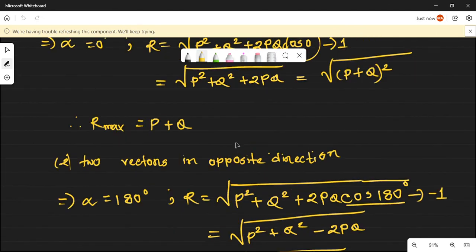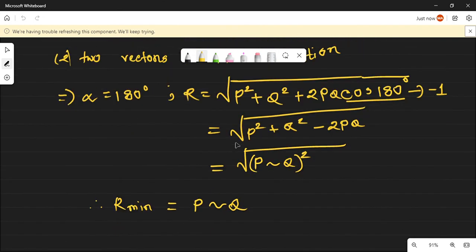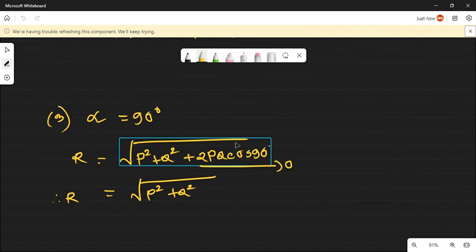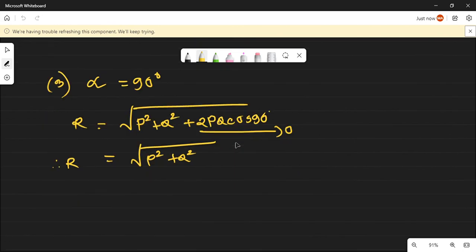If the two vectors work in opposite direction, they will create the minimum resultant value, the difference between the two vectors. And if the angle between the vectors is 90 degrees, or they work perpendicular to each other, then this will be the value of the resultant vector.